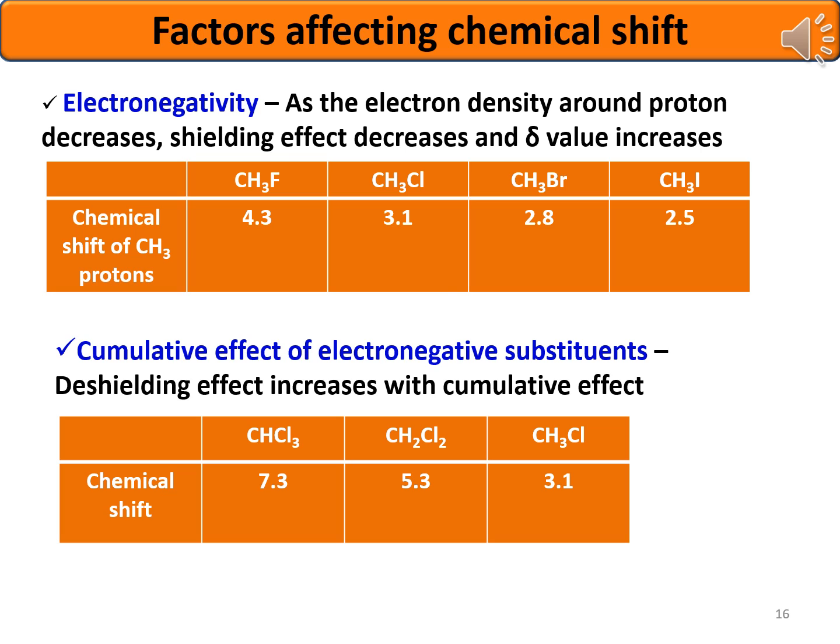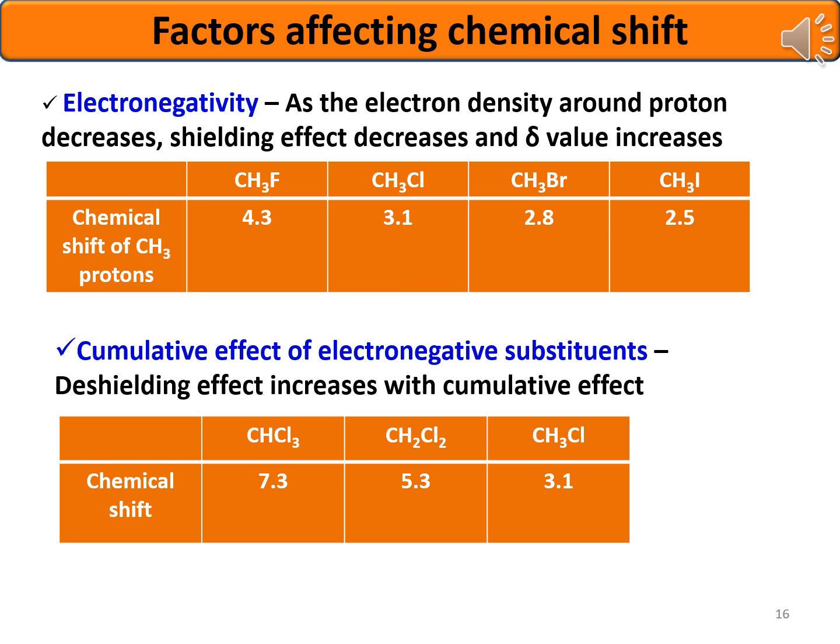As we move from fluorine to iodine, the electronegativity decreases and hence the delta value also decreases. So, of all the four compounds, the CH3 proton in fluorine environment experiences maximum deshielding effect and hence shows the high delta value 4.3.